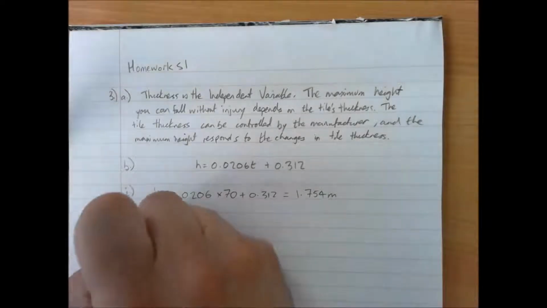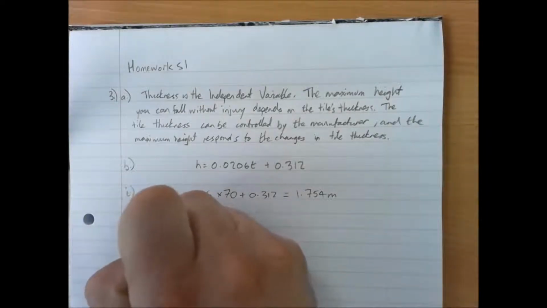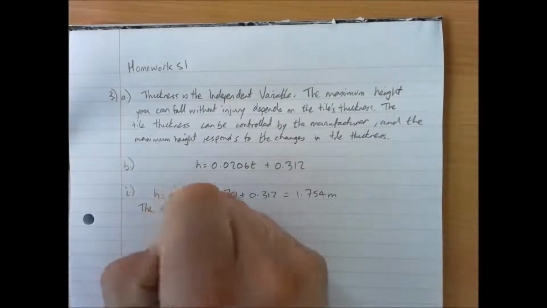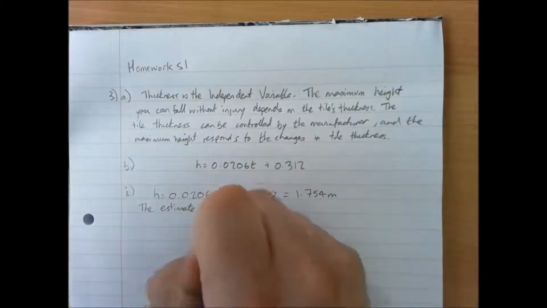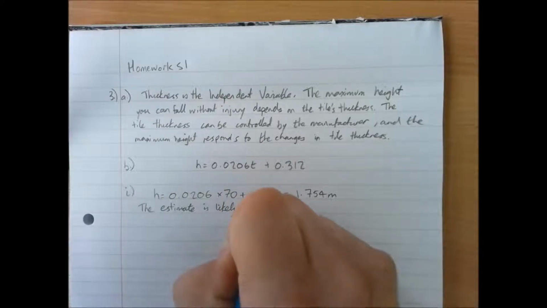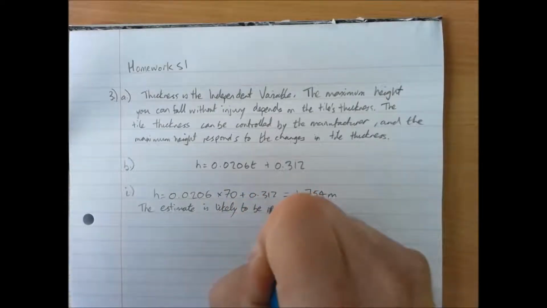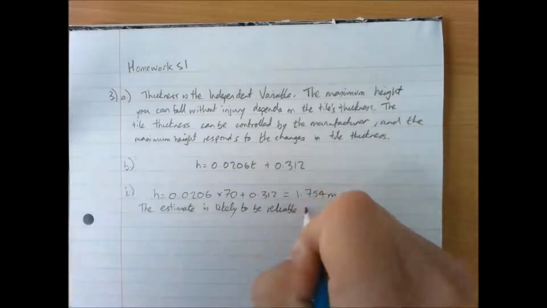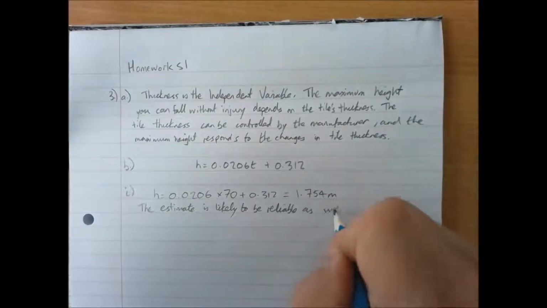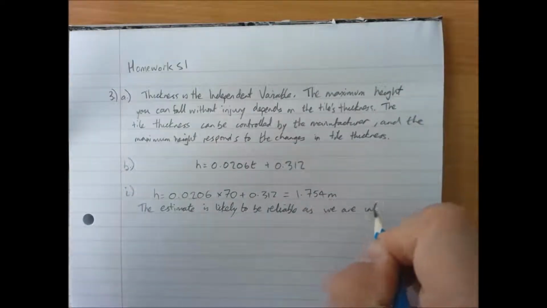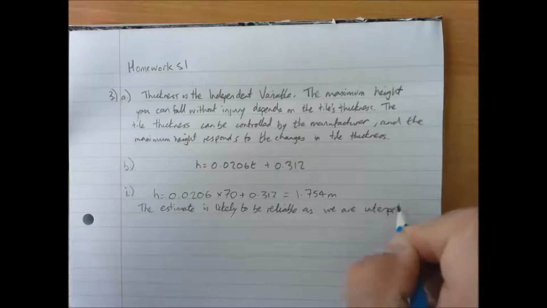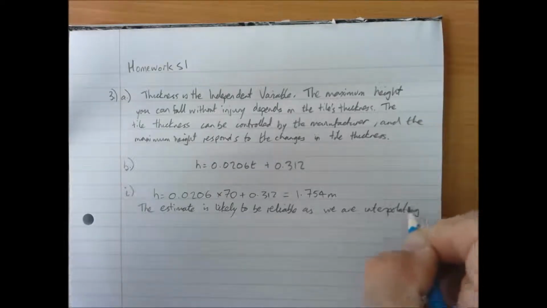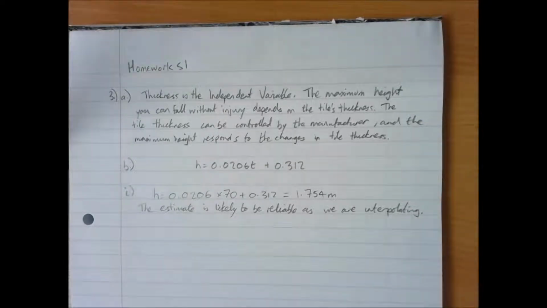So all we need to write is the estimate is likely to be reliable, as we are interpolating. If you can't remember which of the two words is which between interpolating and extrapolating, you can refer to the values themselves, and you could say that a thickness of 70 is within the range of values covered in our table.